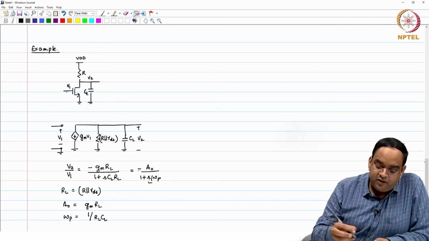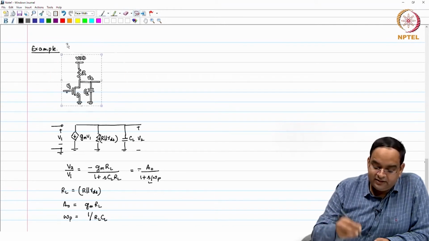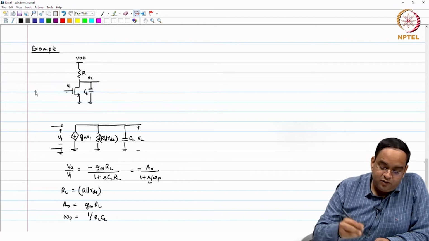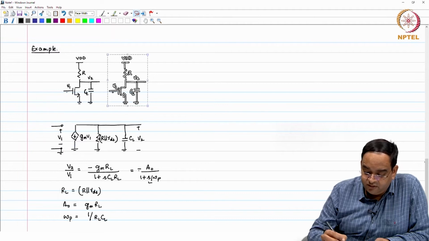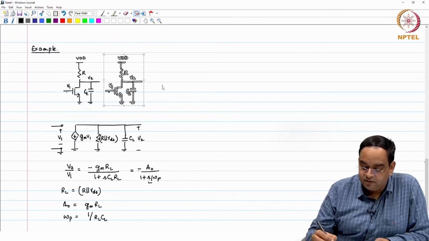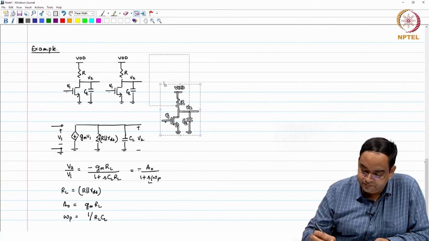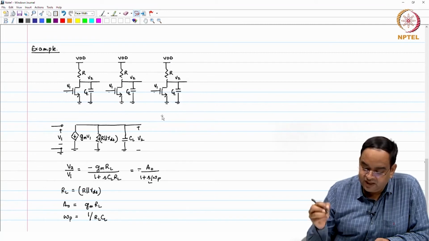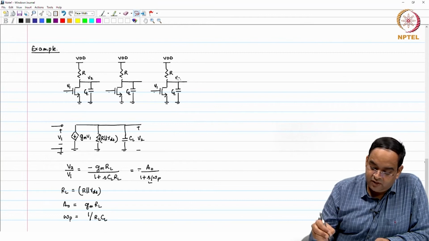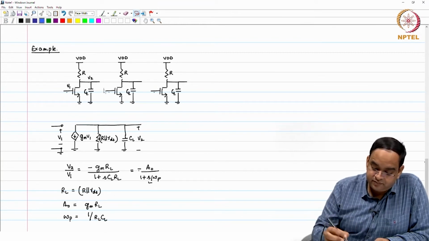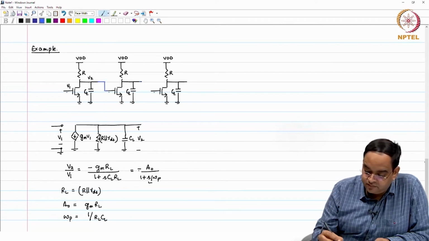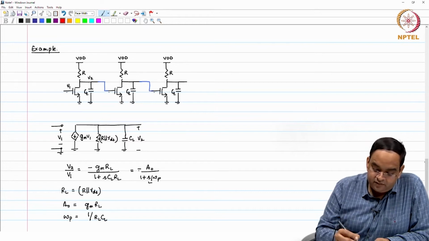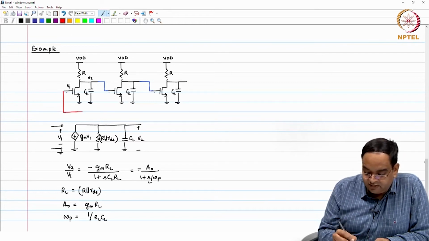If I go ahead and cascade these blocks, for example, like this, now I am going to connect all of them and form a ring like this.